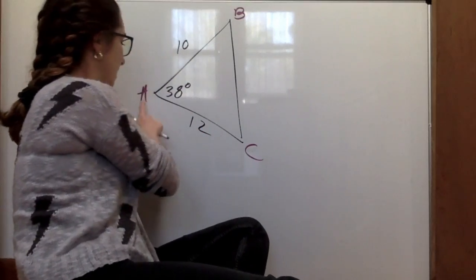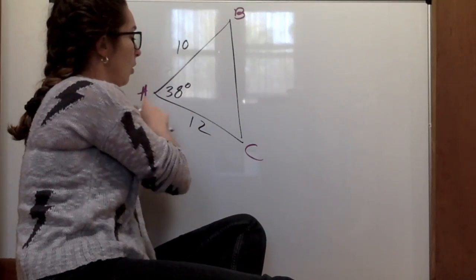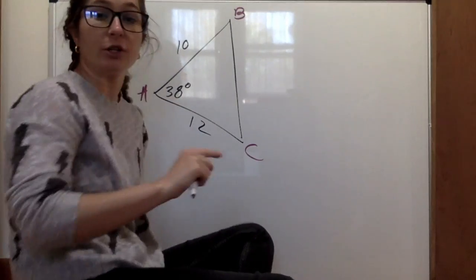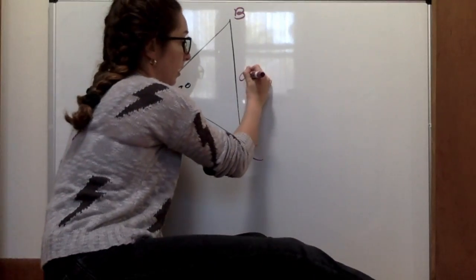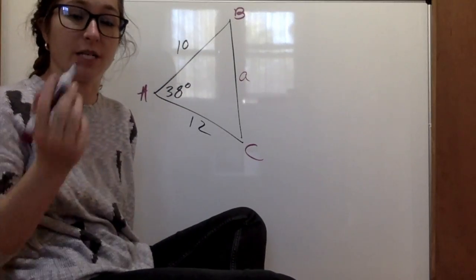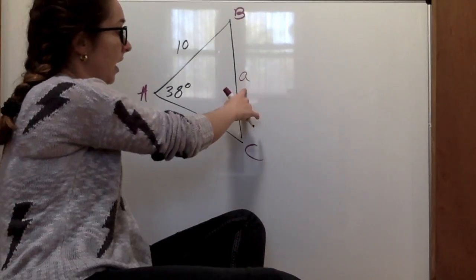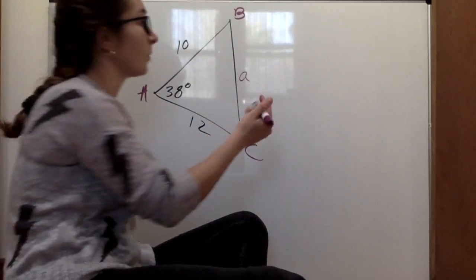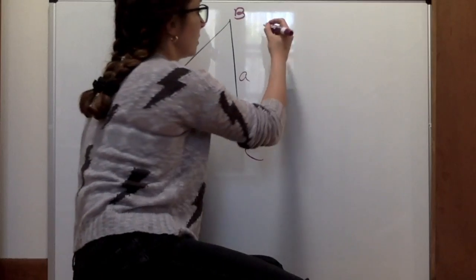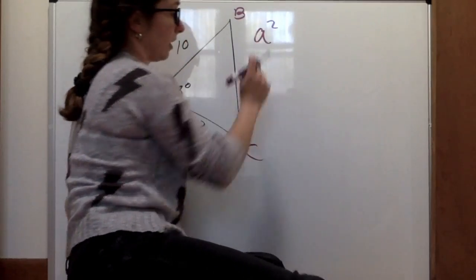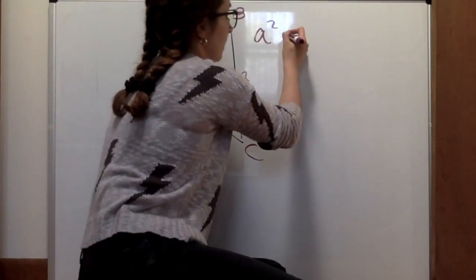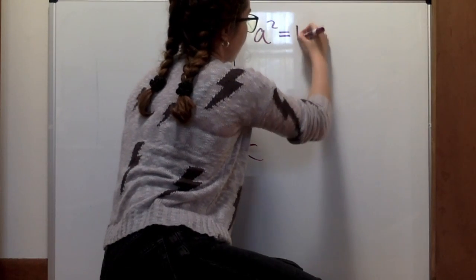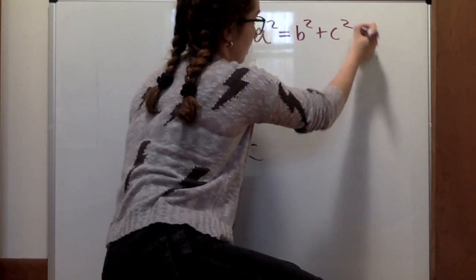So if I'm looking for, this is angle A, so if I have angle A, then I'm going to first try to find side length a. This is what I'm going to be looking for as my first step. And then once I find that, I can use law of sines to find the rest of the triangle, because I'll have a pair. So for law of cosines, we have a squared, side length a squared equals b squared plus c squared.